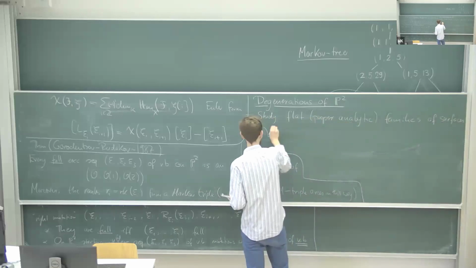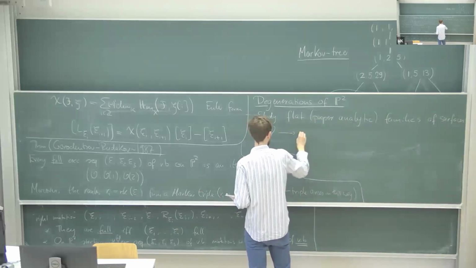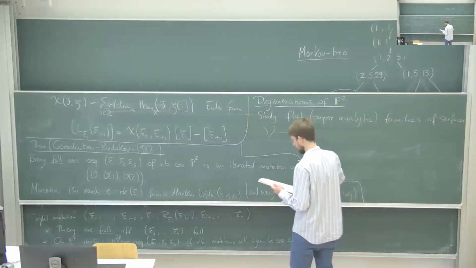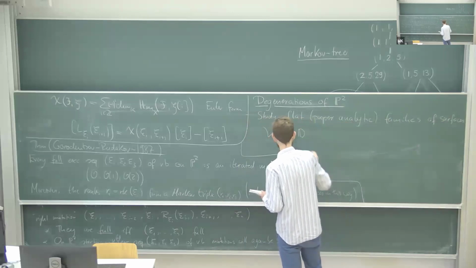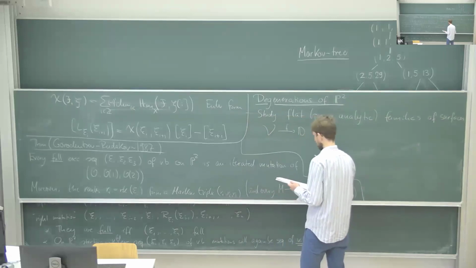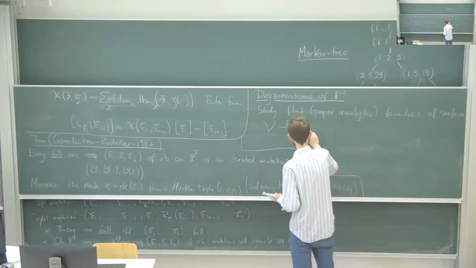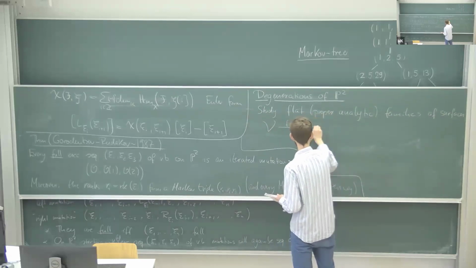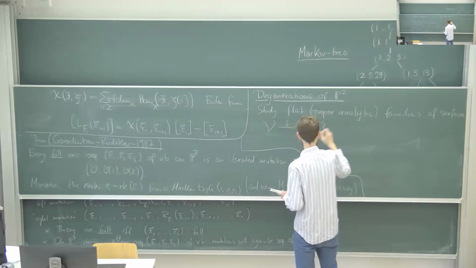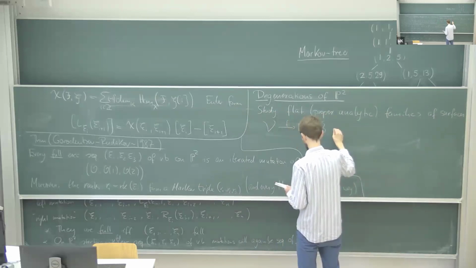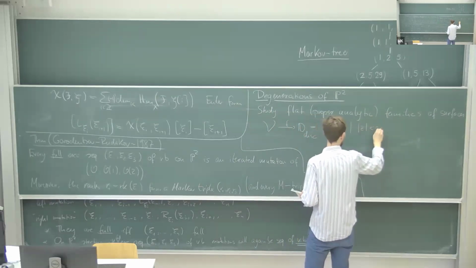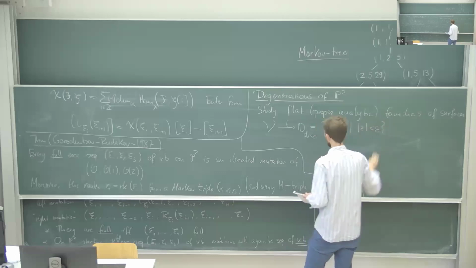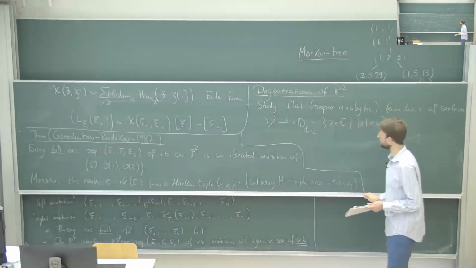So this is the total space of this family. And this should be over some small disk. So something like this.